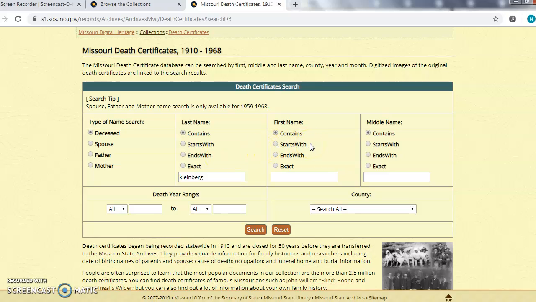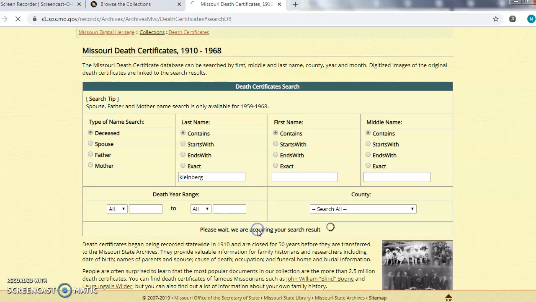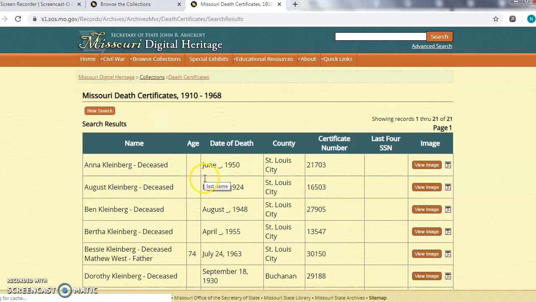You can also search on first name and middle name, and most of them will have a year range. If you're looking at a state database, then you can also narrow your search by county. So now that we have a name in there, we can do a search.